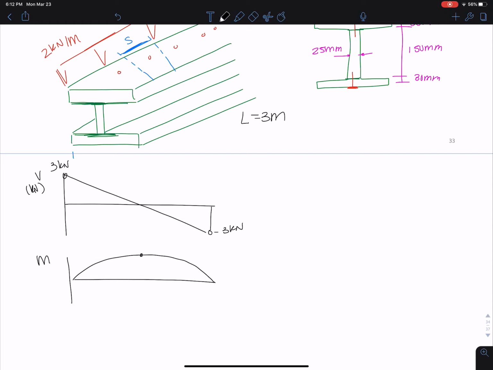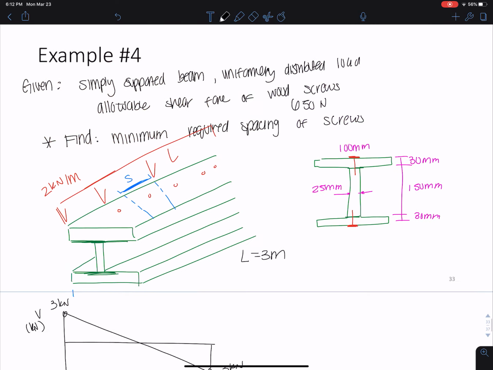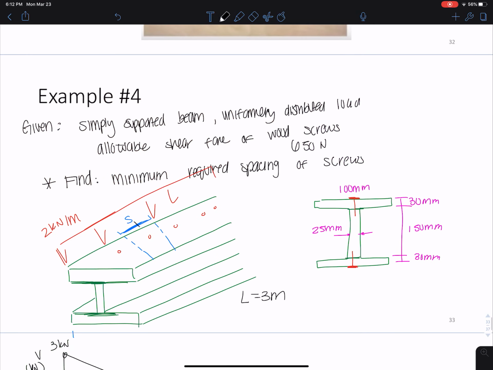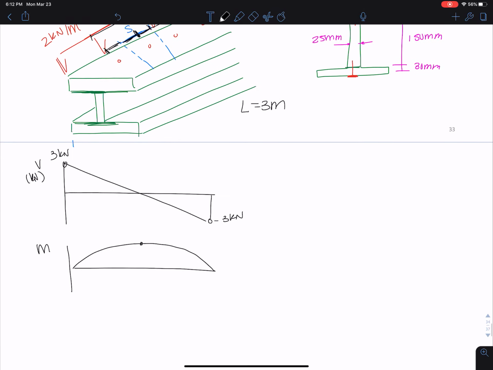And we need to find that S value for one nail. So this one screw would be responsible for half before and half after. So it's going to be responsible for half of whatever's before it and half of whatever's after it. So this is everything before, everything after. It would take half of this total section and half of this total section, right?